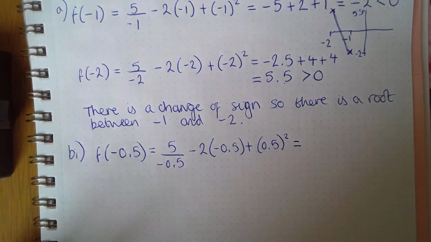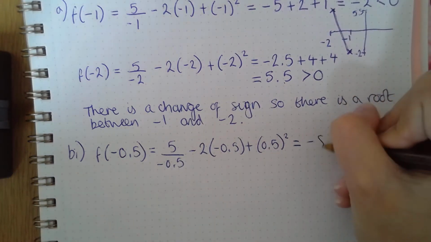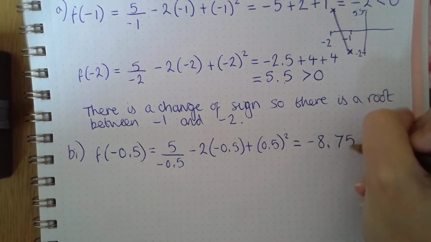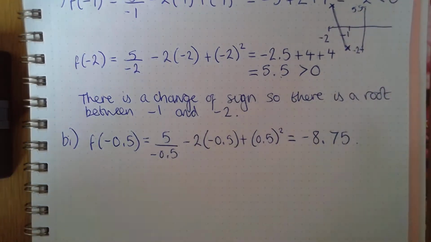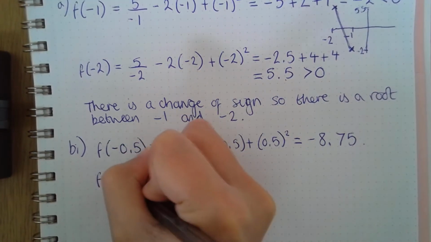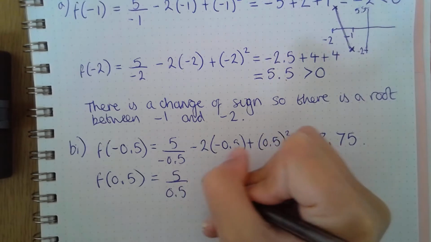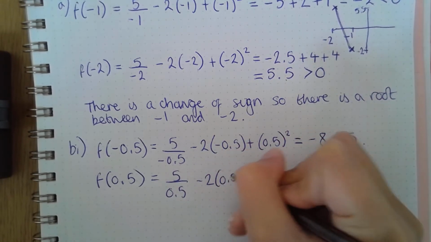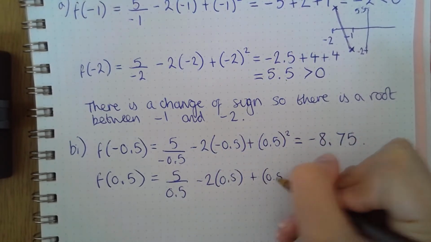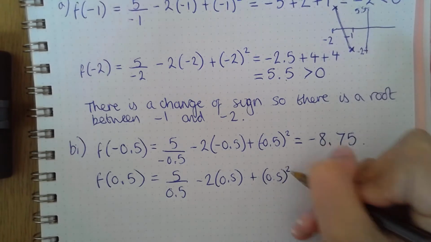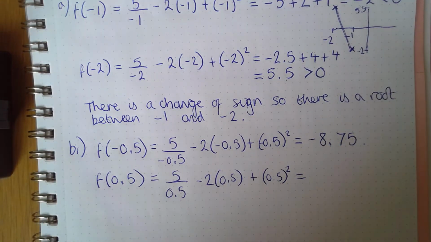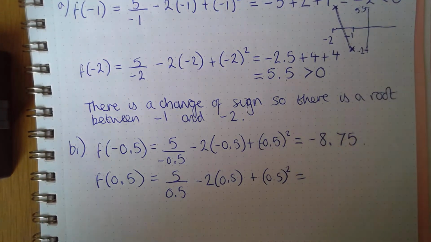So when you put that in, we get -8.75. Okay, and then f of 0.5, we've got 5 over 0.5, take away 2 lots of 0.5, plus 0.5 squared, and when we work that out we get 9.25.